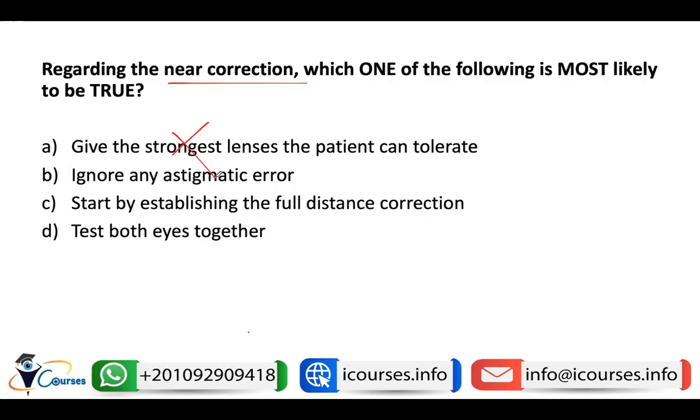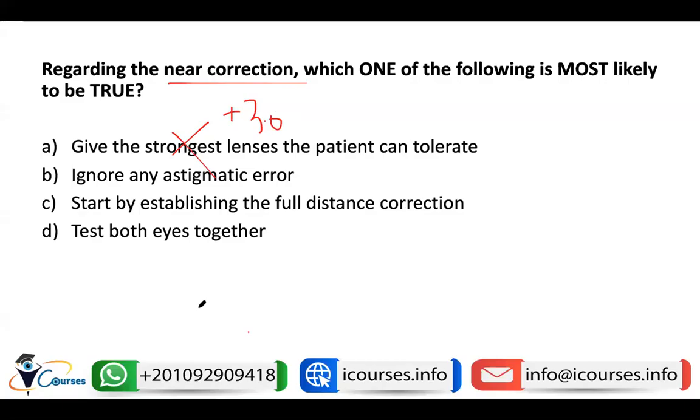The answer is no, because if we increase the plus lens over plus 3 diopter, this will eliminate the patient's own accommodation. And if you totally eliminate the patient's own accommodation, the patient will not converge. We know that the near reflex consists of convergence, miosis, and accommodation. So accommodation is important as a stimulus for convergence.